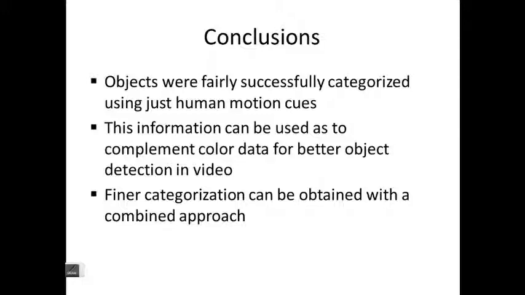So, in conclusion, objects were fairly successfully categorized using just human motion cues. And the authors state that you can use this information in conjunction with color data for better object detection in videos. So a finer categorization could potentially be obtained if you used a combined approach across these two.